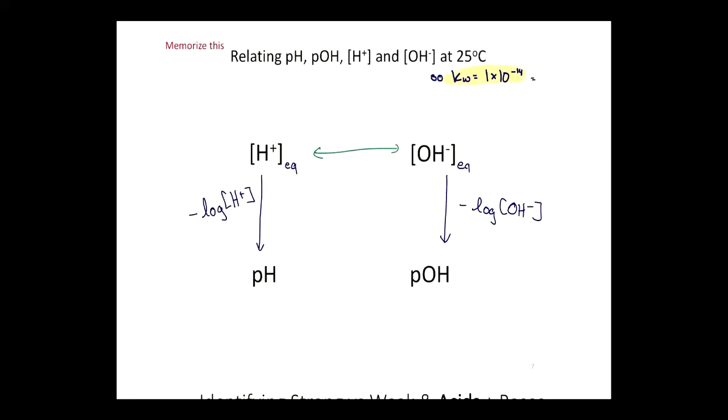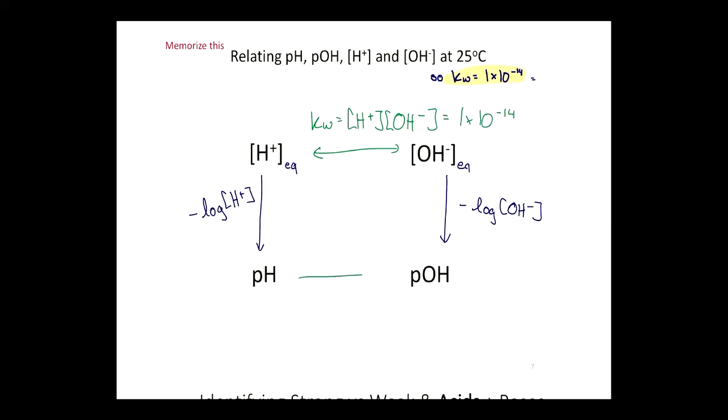So we can make a direct relationship if you know one of those values. If you know H+ concentration, you also know hydroxide concentration, because Kw is equal to H+ concentration times hydroxide concentration, and that is always equal to a constant. In this case, at 25 degrees, it is 1 × 10 to the -14. So we're filling in this square. You can take the negative log of H+ to get pH, negative log of hydroxide to get pOH.